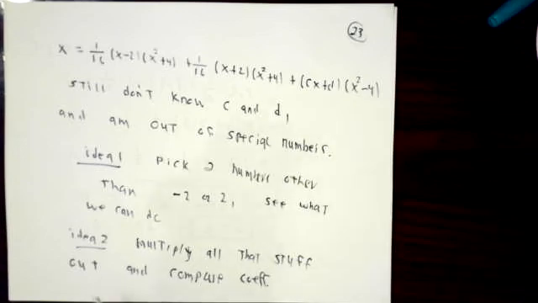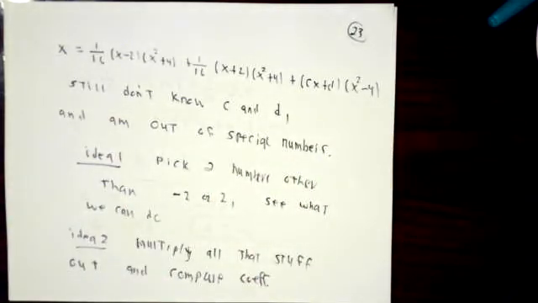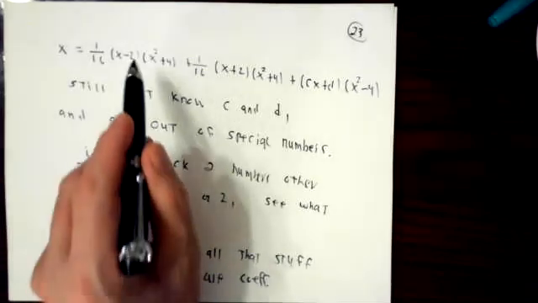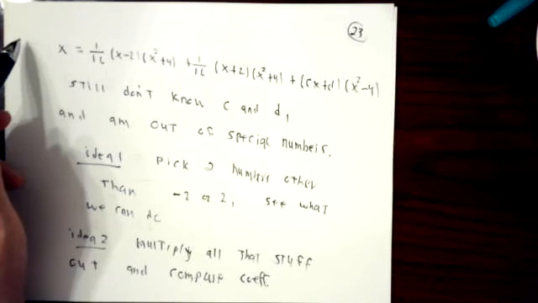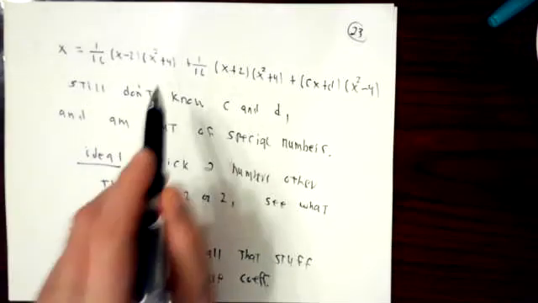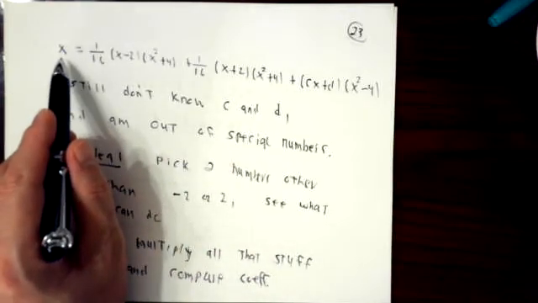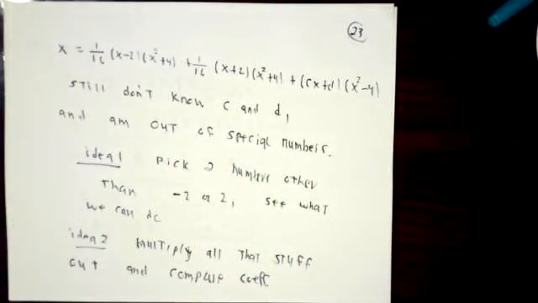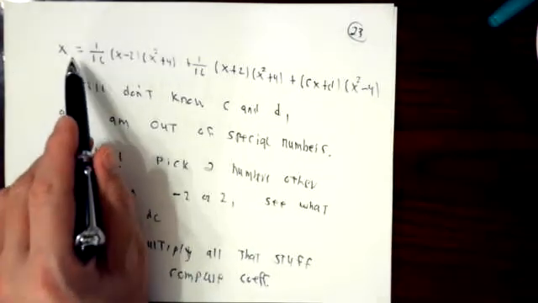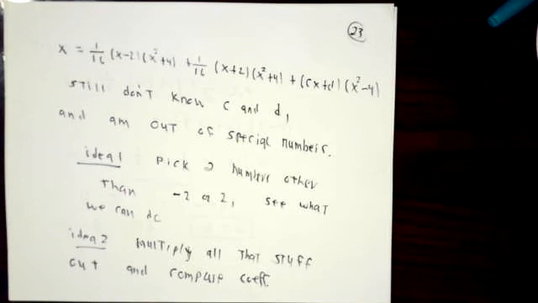Idea number 2 is to take this equation and actually multiply everything out and compare the quadratic coefficient on this side to the quadratic coefficient on this side, which is 0, the x to the first power coefficient to the x to the first power coefficient, which is 1. Figure all this stuff out, look at its constant coefficient. The constant coefficient of this is 0, so that would give you another equation.